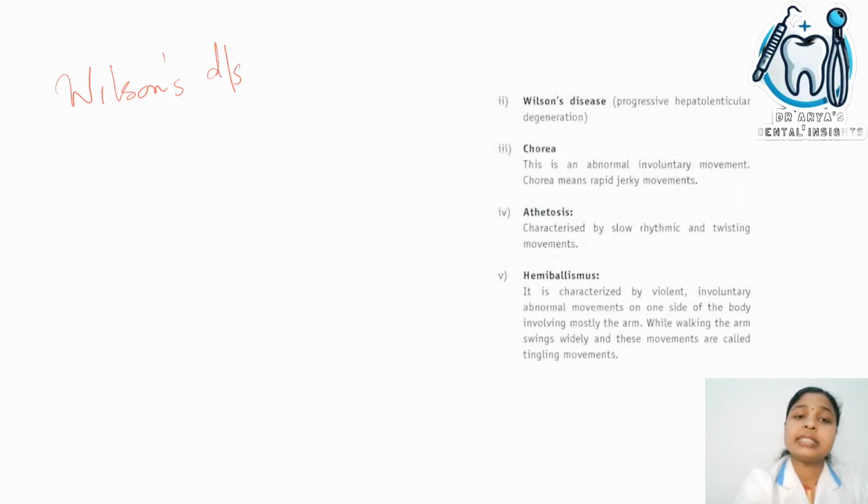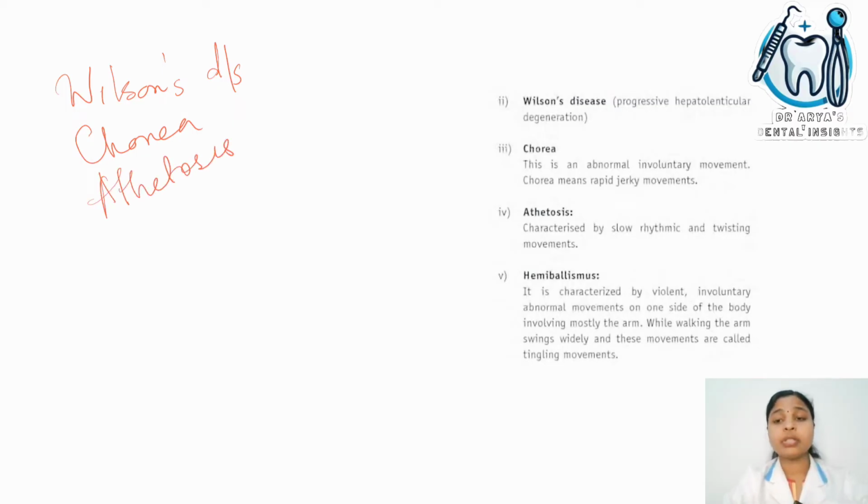Wilson's disease is the progressive hepatolenticular degeneration. Then chorea. Chorea is the abnormal involuntary movement. Chorea means rapid jerky movements. Then athetosis, it is characterized by slow rhythmic and twisting movements.